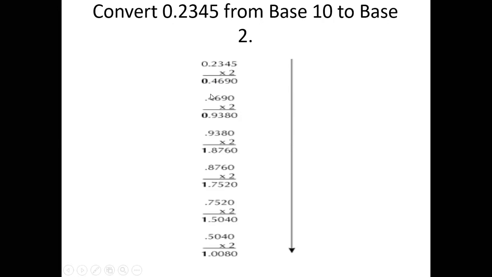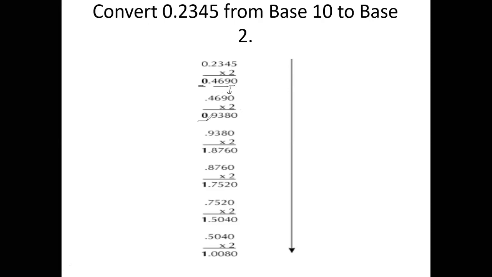You multiply. Now, after you multiply, take note of the non-fractional part, this integer part. That's the one which you need to take note of. And then you continue multiplying the fractional part by the base. So in the next step, I'll get this result and then multiply it again. Multiplying this by 2 gives me 0.9380.